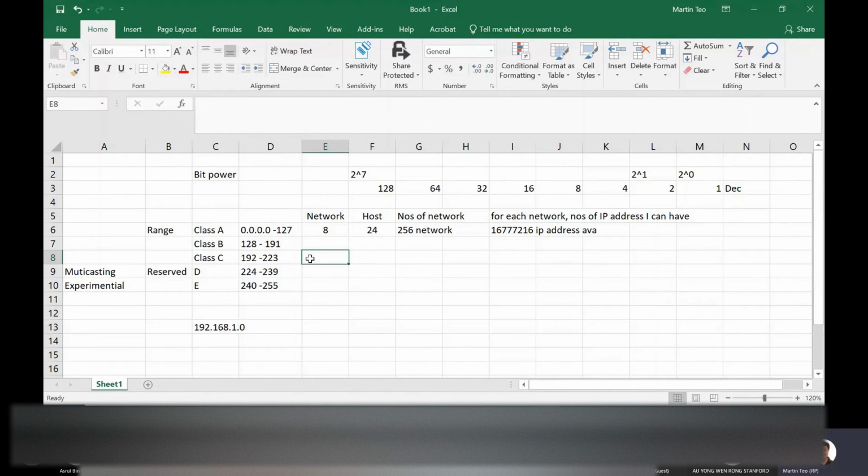Then how about class C? I don't want to jump, I'll just move on. For class B, I have 16 bits for the network and another 16 bits for the host.